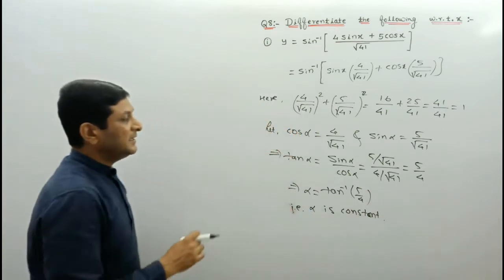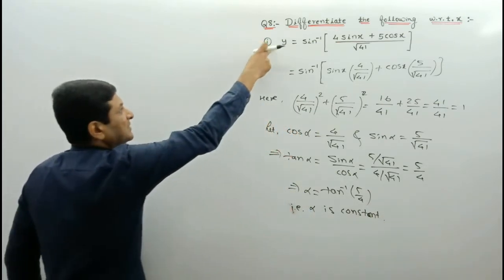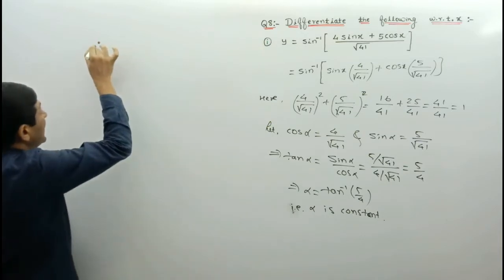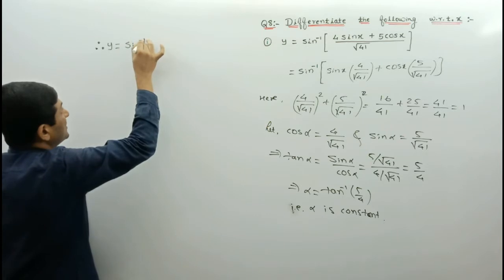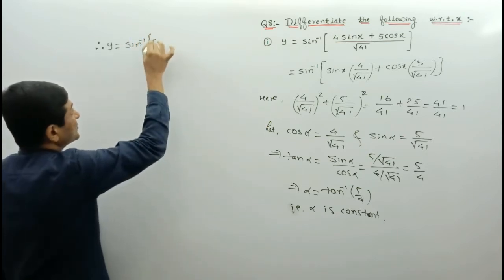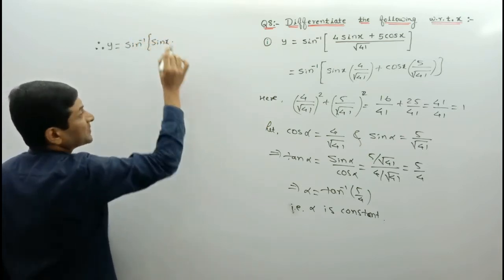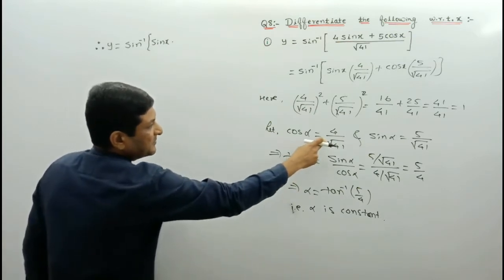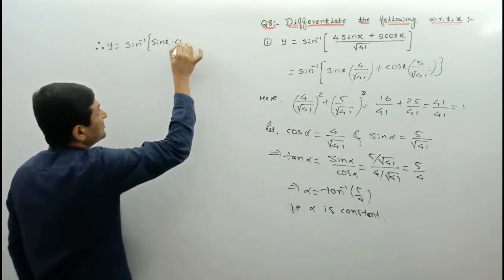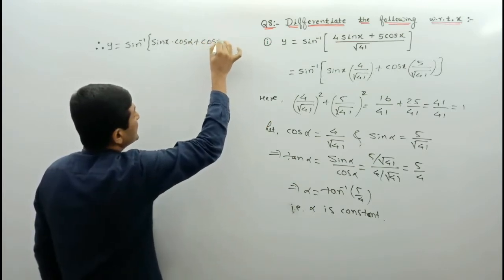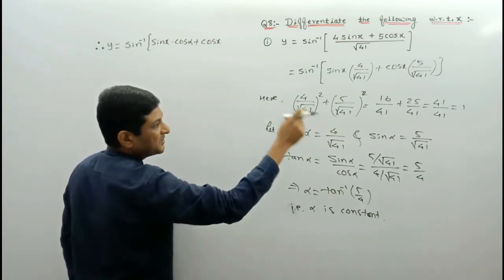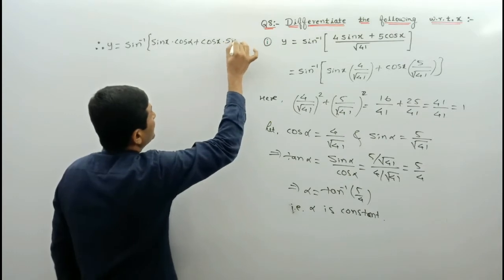Now let us substitute all these values in this expression. So what is y? y is equal to sin inverse of sin x into 4 upon under root 41, but 4 upon under root 41 is nothing but cos alpha, plus cos x, keep it as it is, and 5 upon under root 41 is nothing but sin alpha.